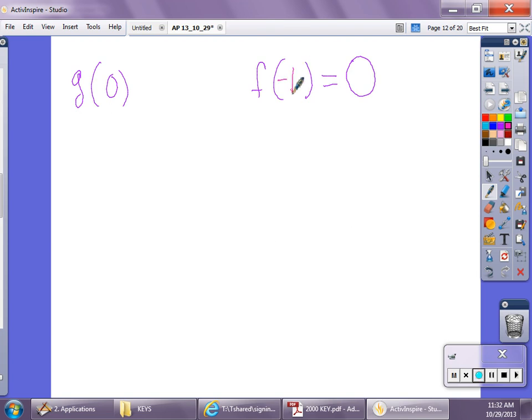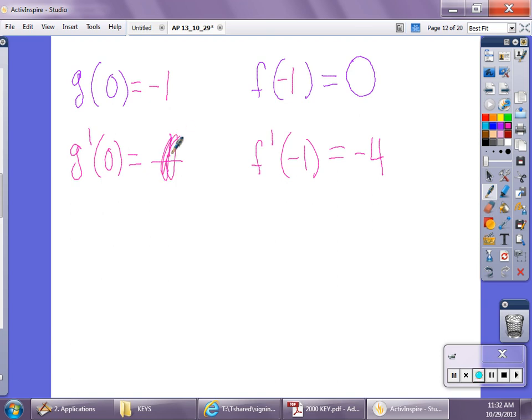So what is g of 0? -1. What is f prime of -1? -4, because it was 4x, right? Therefore, without any work, I know that g prime of 0 is positive, negative, which one? Oopsie. It's 1 over -4, which makes -1/4, same exact thing.